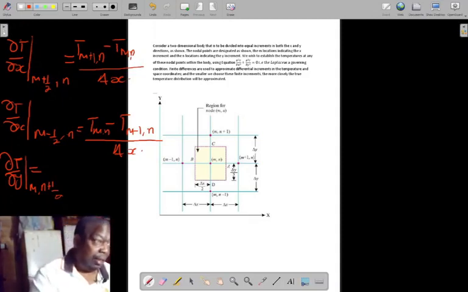This is equal to T(m, n+1) minus T(m, n) divided by delta y.